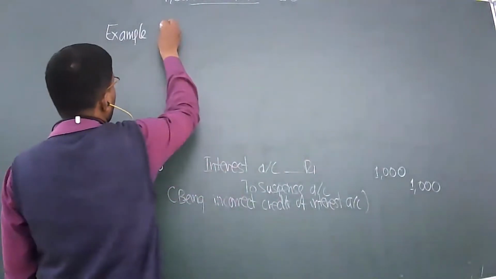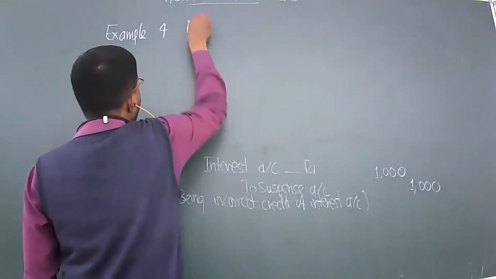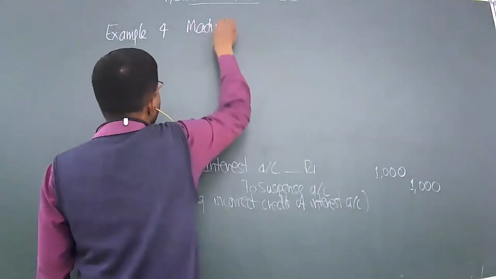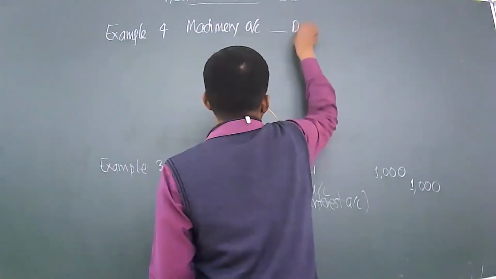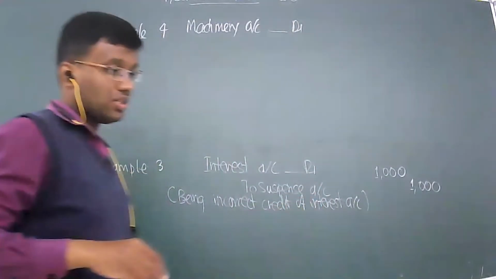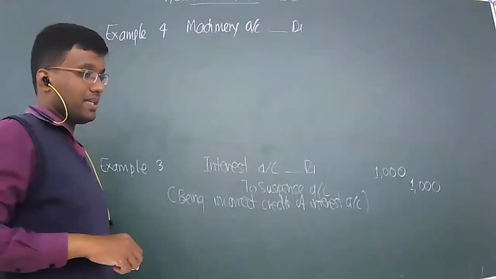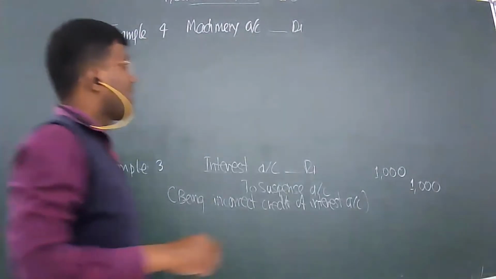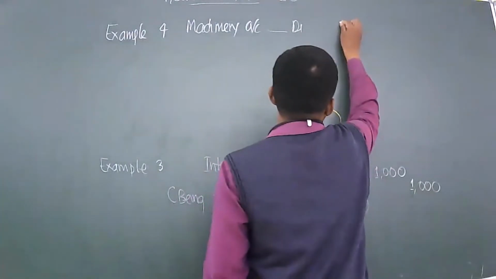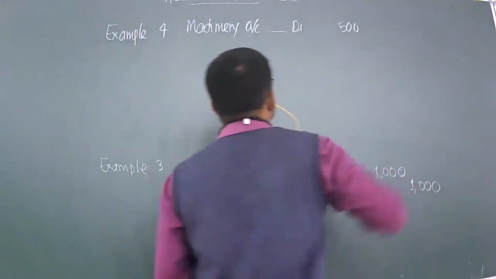So example 4, machinery account debited. Okay, so machinery account is being debited, and the amount that you will be debiting is 500.